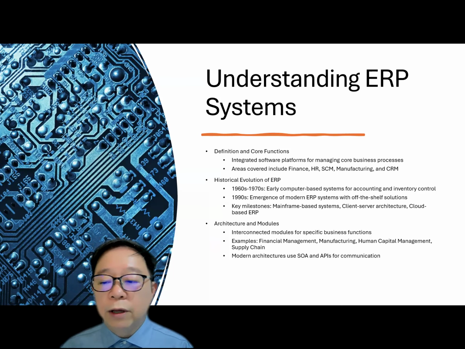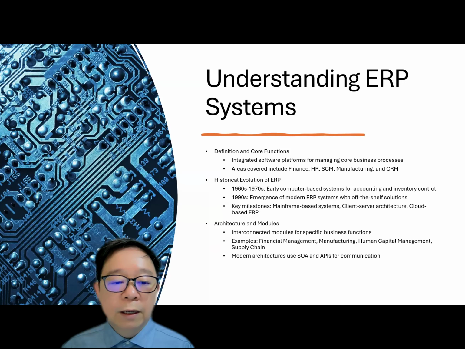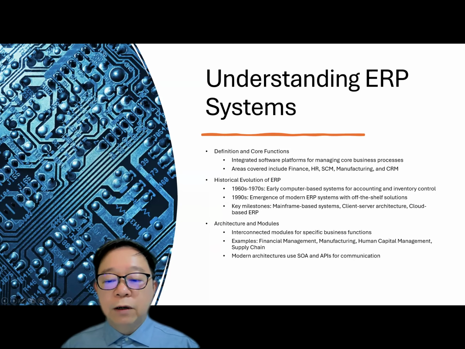Of course, today we are using the cloud. So there are a lot of cloud-based ERP providers, most of them from the traditional ERP suppliers, right? And we need to make sure that we have a good architecture so that all the different individual modules are able to meet the specific goal.